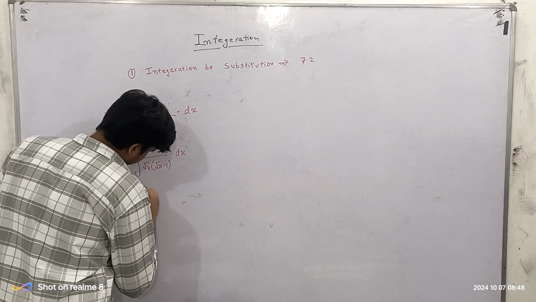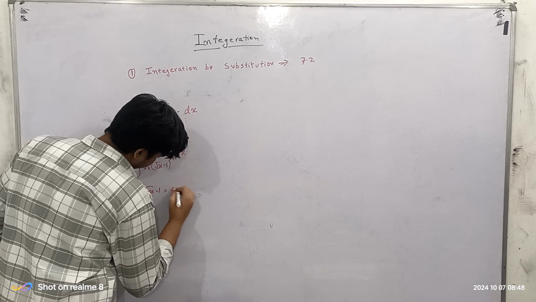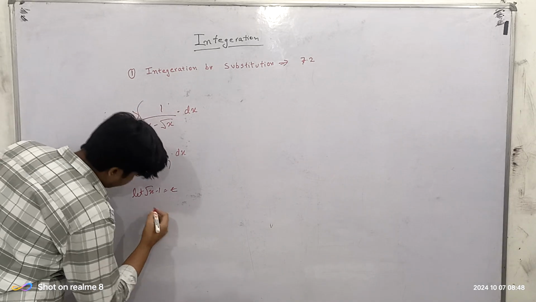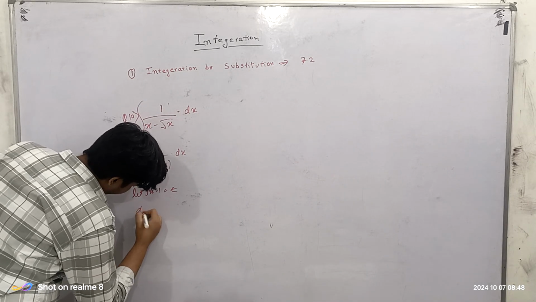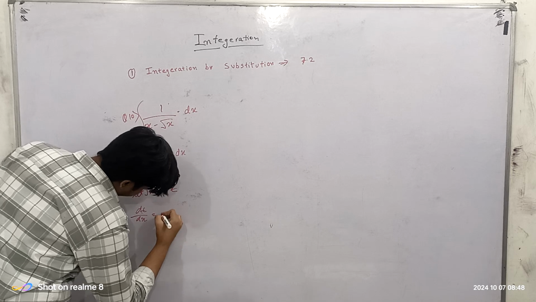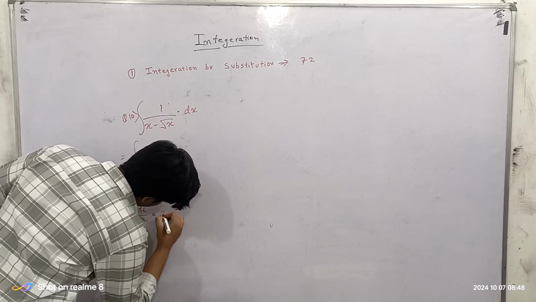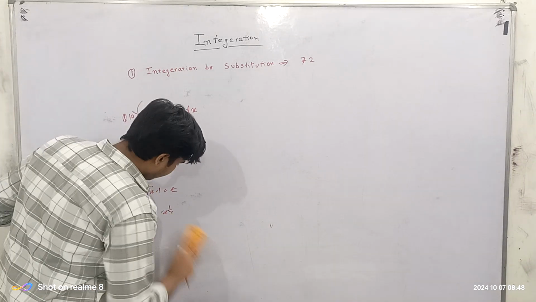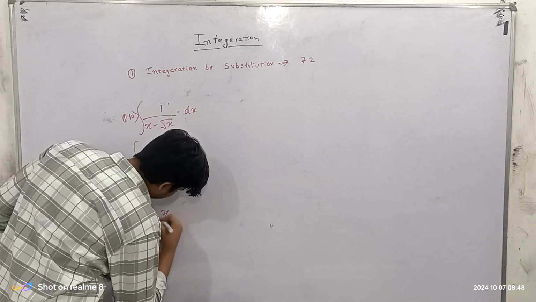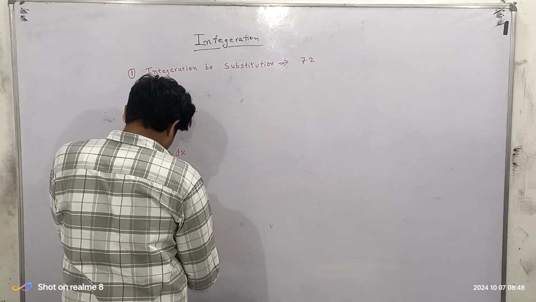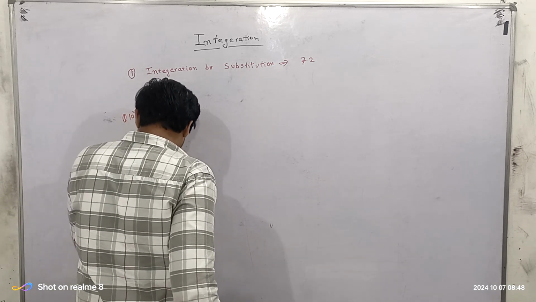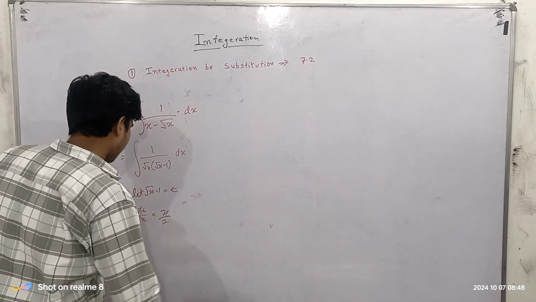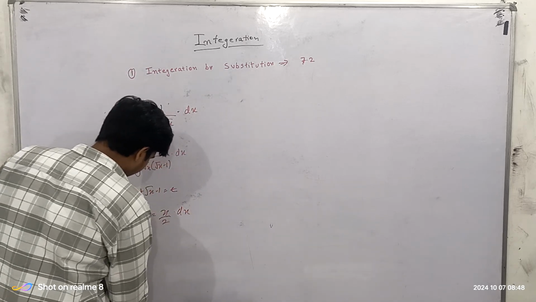Let root x minus 1 equal t. It is the same as the previous question, it is a waste of time, but it is important, so I am solving. dt by dx equals the differentiation of root x, which is 1 by 2 root x, so dt is equal to 1 by 2 root x into dx.